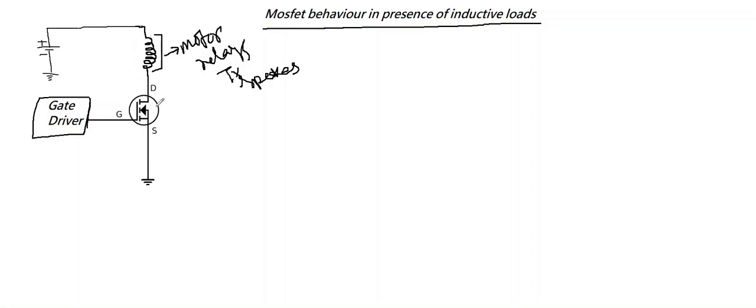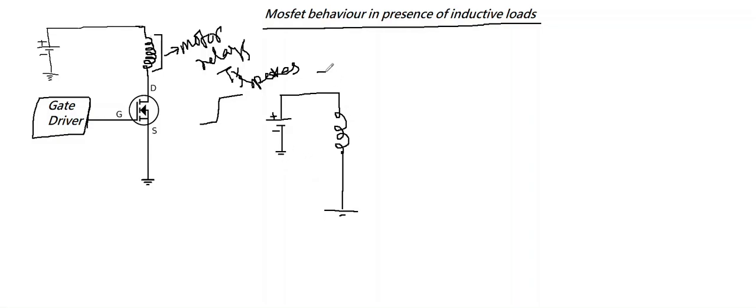So the MOSFET gets turned on when you supply the positive pulse at the gate. So it turns on, and then the equivalent circuit can be drawn as plus, minus, and then you have an inductor, and the MOSFET behaves as a short circuit.